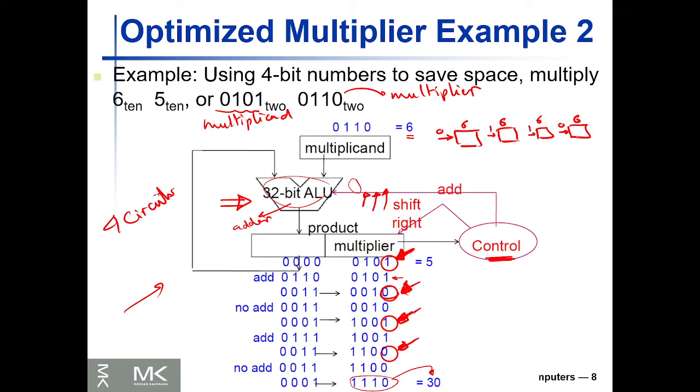So this gives you the internal results: internal result 1, 2, 3, 4. Then you add these together 2 by 2, then you add these together to get the final result.